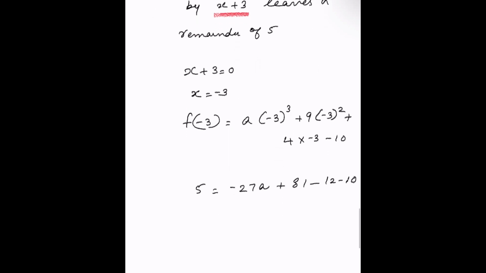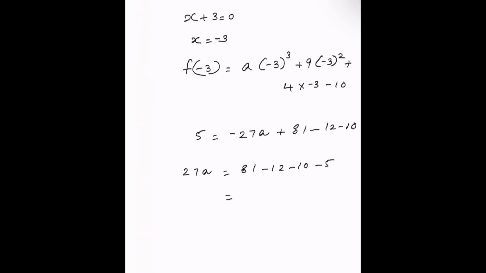Now you can easily calculate the value of a, right? So 81 minus 22, you take it to the other side and get the value. Calculate it. So 54 is what I'm getting. So a would be 54 by 27, which is 2. So value of a is 2.